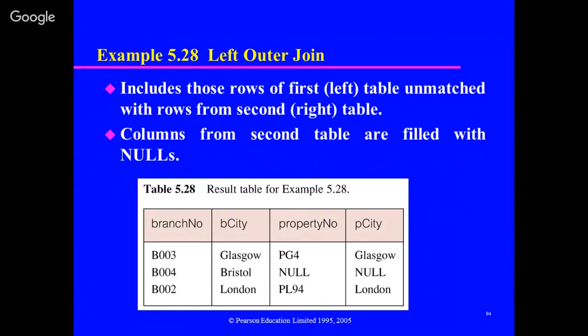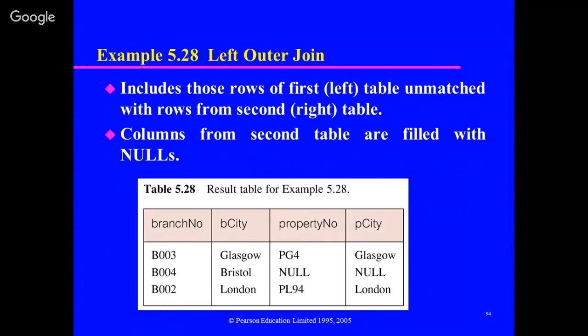So I include those null values there, and very clearly from a user perspective, this is much more informative to me than the previous output, which was quiet with respect to Bristol, right? Then I really don't come to know why Bristol is not showing up. This one very clearly is saying that Bristol doesn't have any properties.